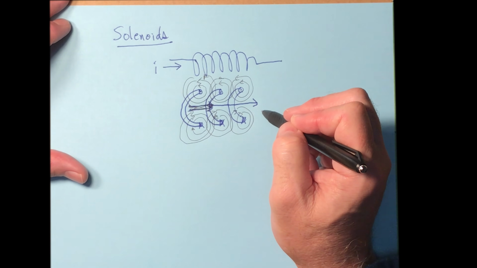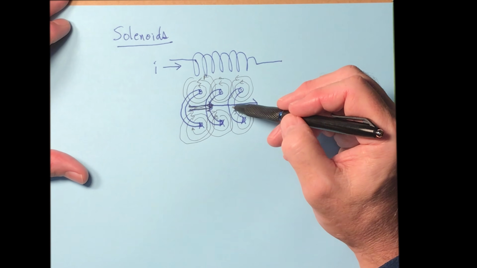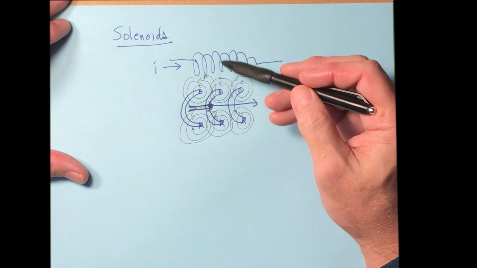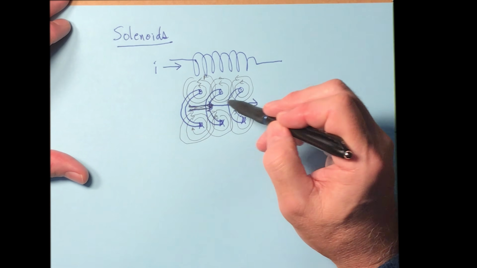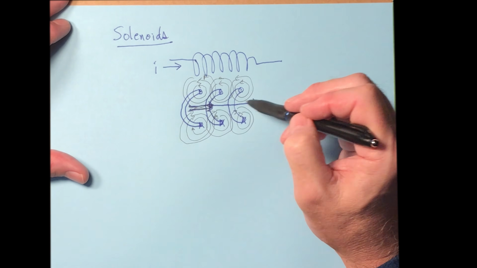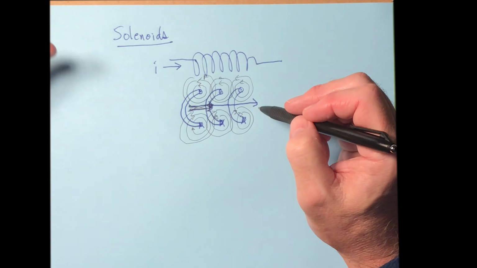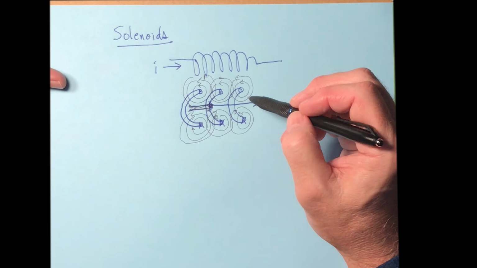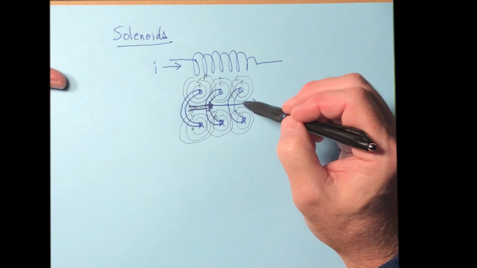This, in fact, is a way that you can create a constant uniform magnetic field. You can have a loop of wire, and then in the central region you're going to have that constant uniform magnetic field. So the field lines look like what we've got drawn here.